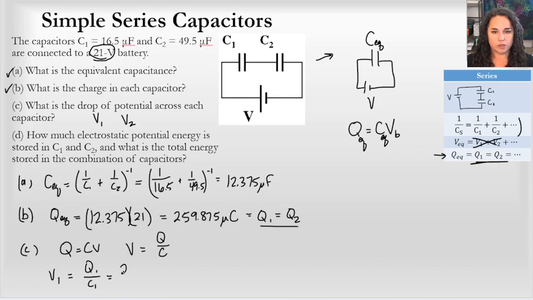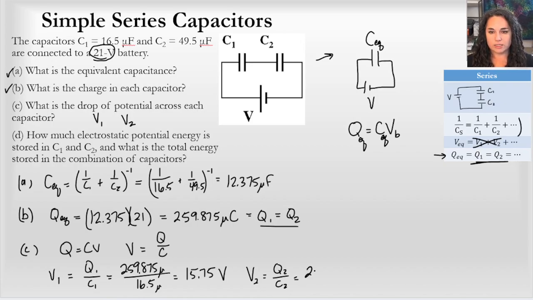So I'm going to take 259.875 and divide by C1, 16.5. This is in micros, and this is also in micros. So when you solve this, you're going to get 15.75 plain old volts. I'm going to play the same game for V2. V2 is going to equal Q2 divided by C2.